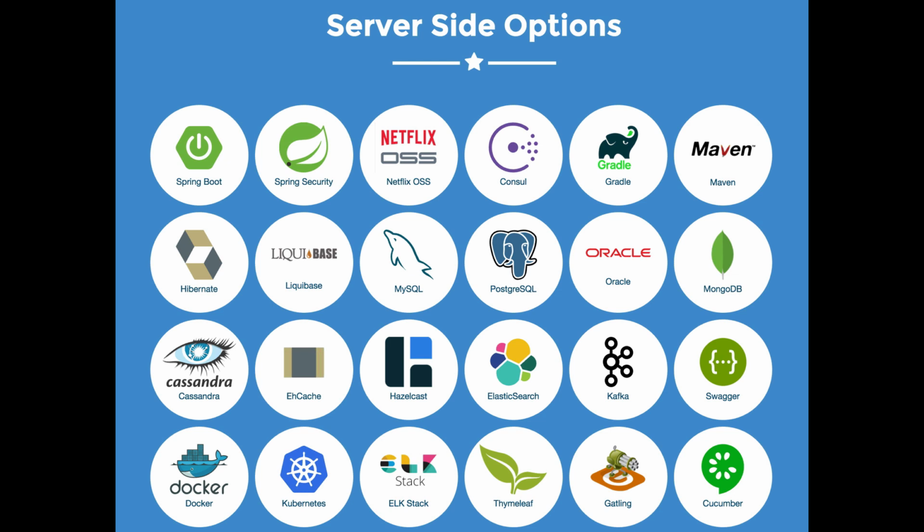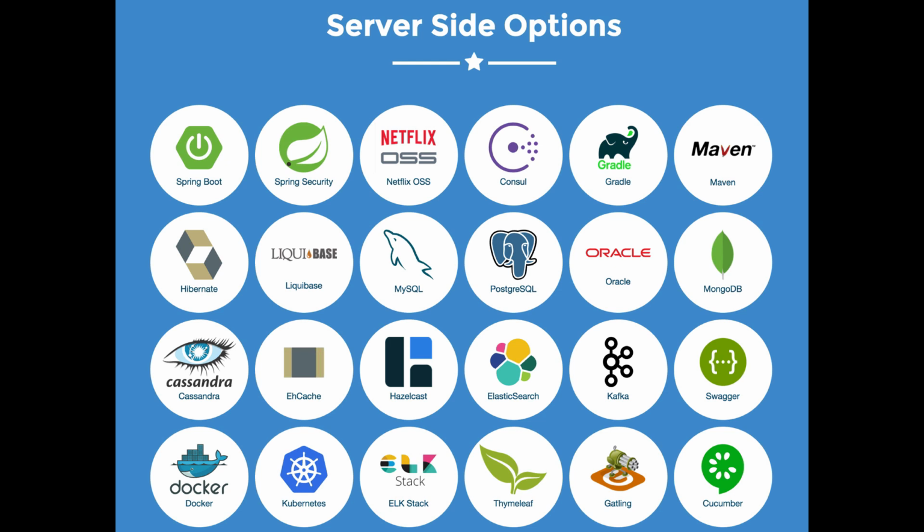So as I mentioned, we have Spring Boot, which is going to be the majority of our Java application. We have Spring Security, which is going to handle the authentication. We also have access to the Netflix open source software, and this is going to be really powerful tools that Netflix themselves use in their solution, and of course they've open sourced that for the rest of us.